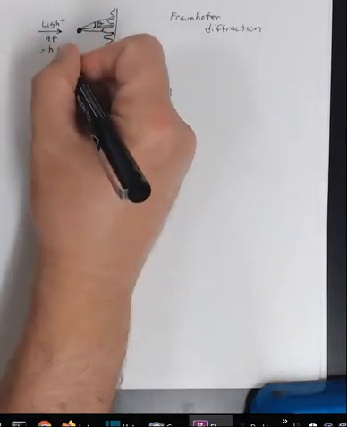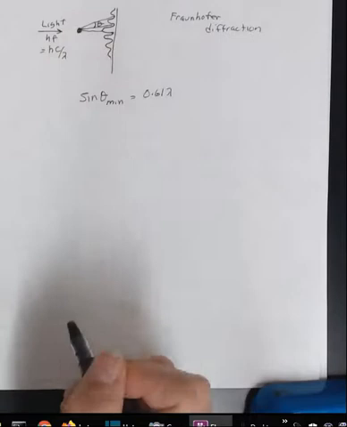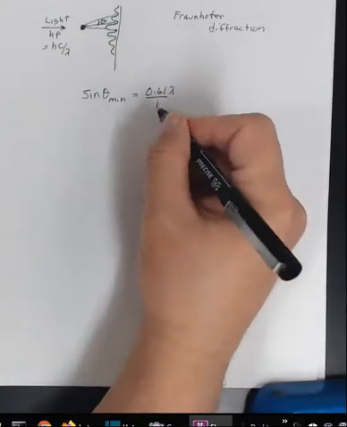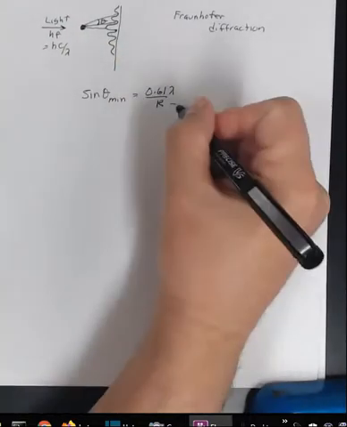So this is also equal to hc over lambda, over the radius of the object.